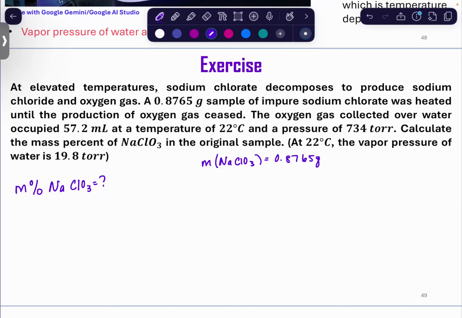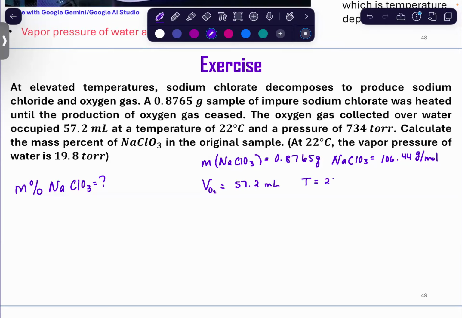You've done a lot of calculations so far where you calculate molar mass. So now we're at the point where we can put these molar masses up in our known values so we don't have to do extra calculations. 106.44 grams per mole. Volume of the O2 is 57.2 milliliters.